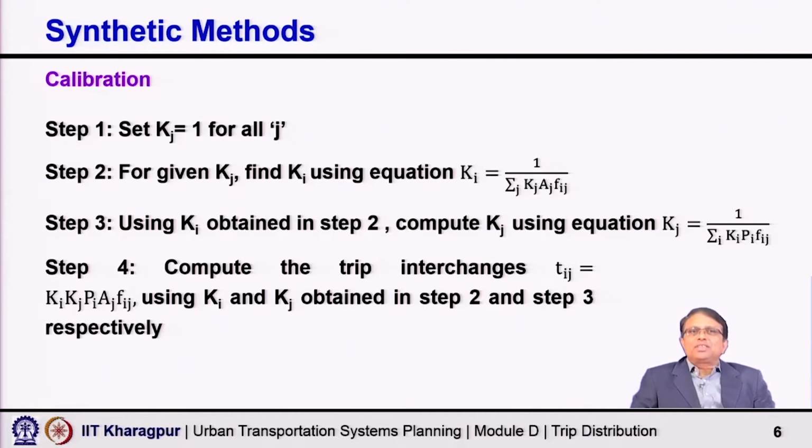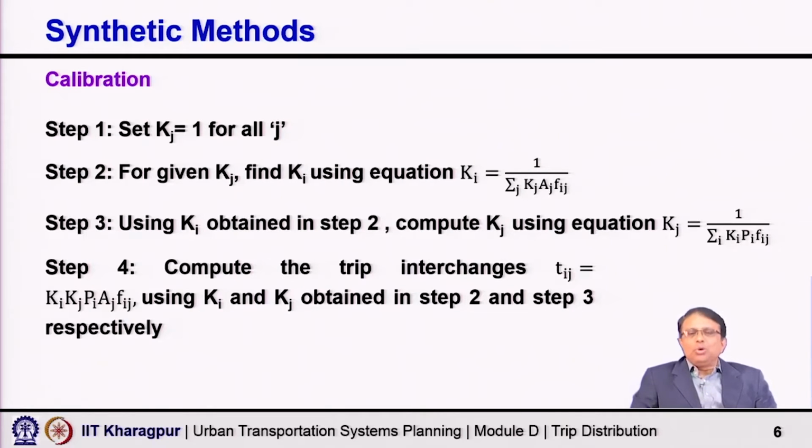Now, with this Ki, in step 3, you go back and calculate the value of Kj. It is an iterative procedure. So, how will you calculate the value of Kj?